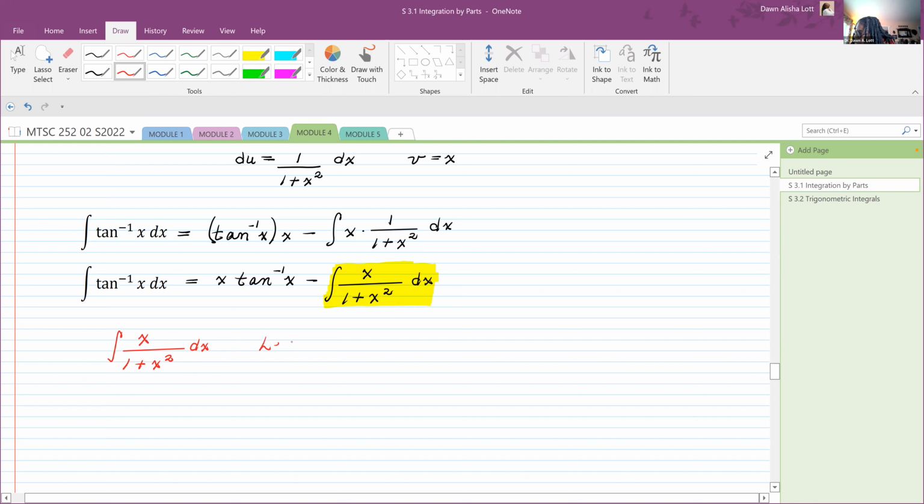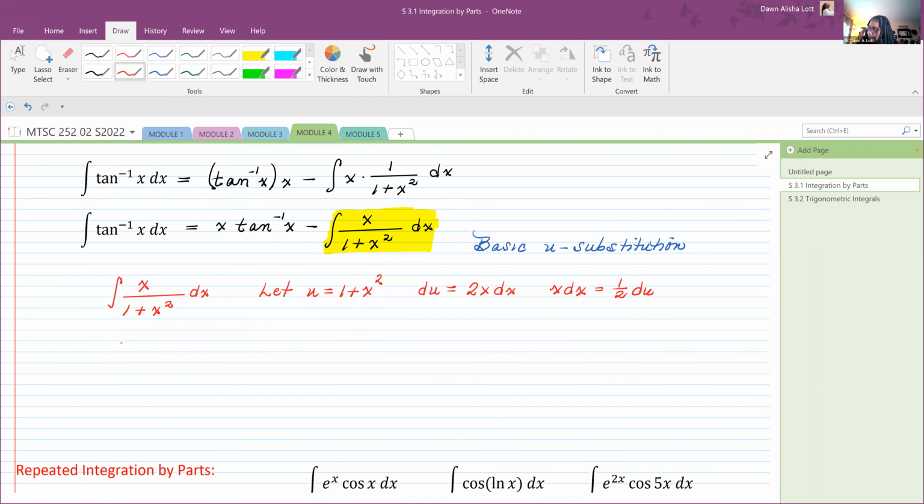I'm going to let u equal 1 plus x squared and du equal 2x dx, and x dx equal 1/2 du. I'm not doing any integration by parts on this integral. It is a basic u substitution integral.